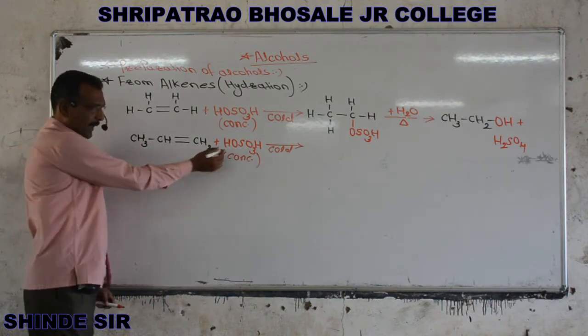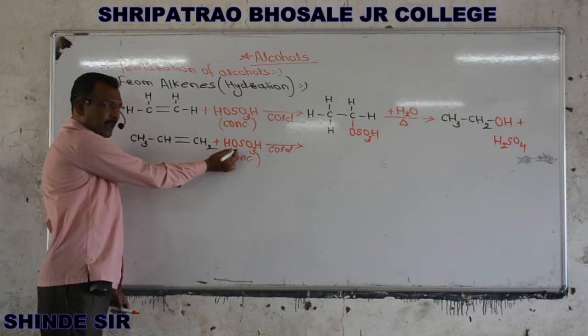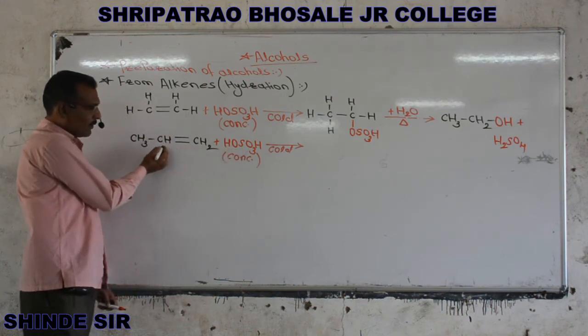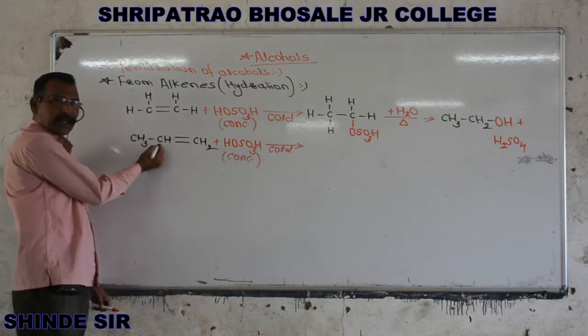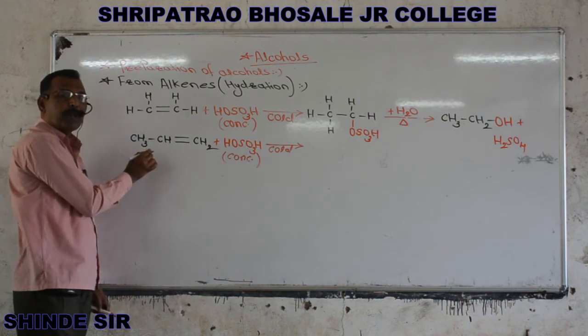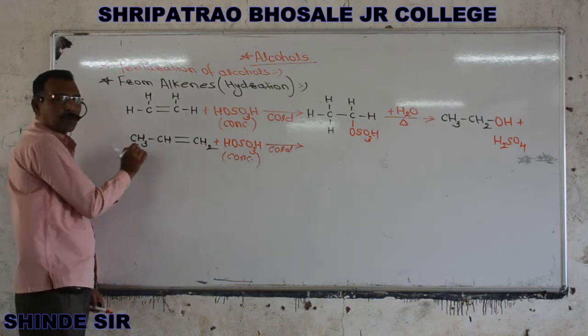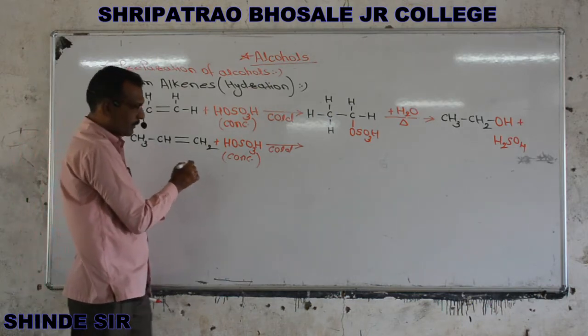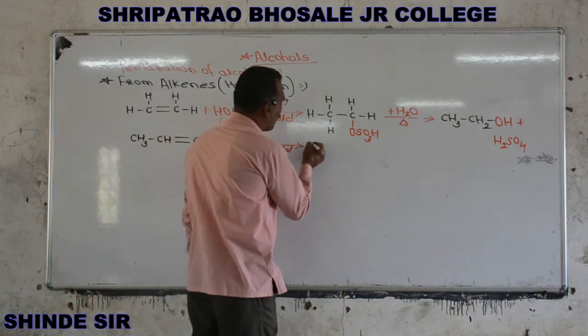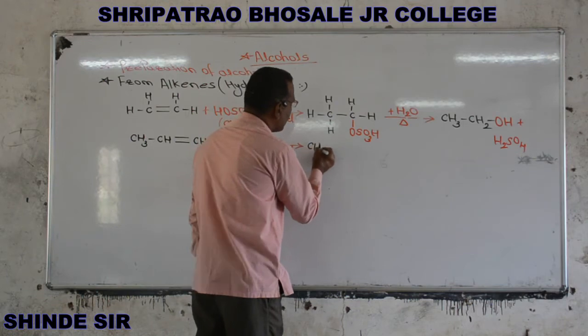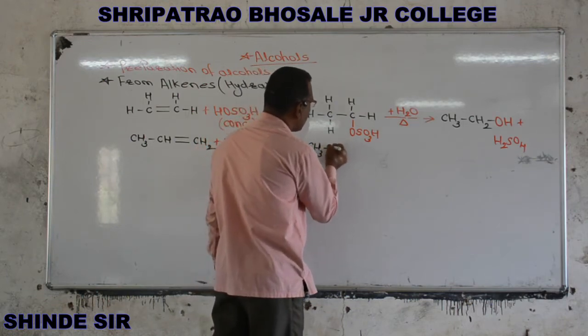That means the negatively charged hydrogen sulfate reagent will get added on that carbon atom of the double bond which carries less number of hydrogen atoms. And so the negative reagent will get added on this carbon atom here, and we will obtain this compound.